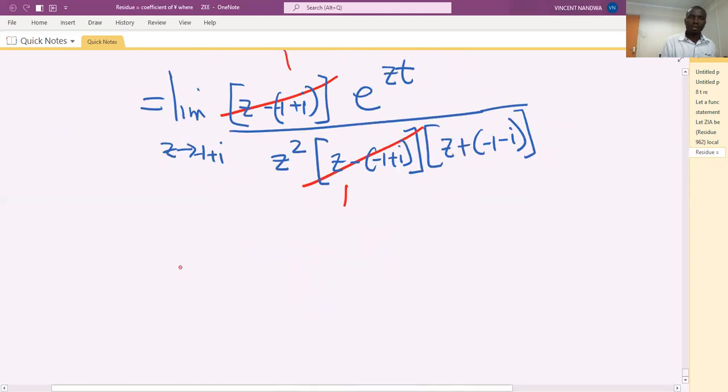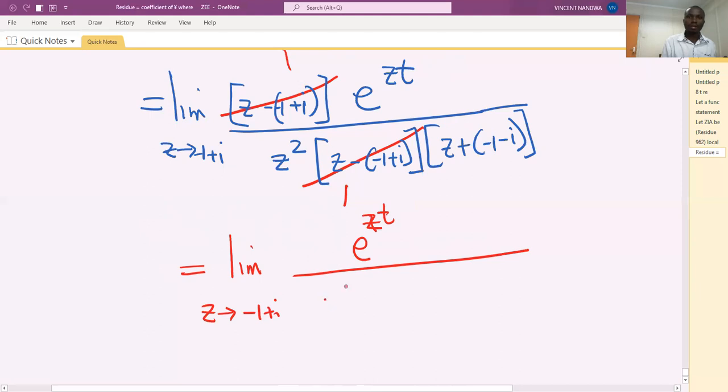And we get limit as z approaches minus 1 plus i of e raised power zt divided by z squared into z plus minus 1 minus i.